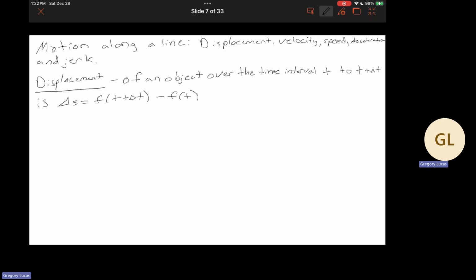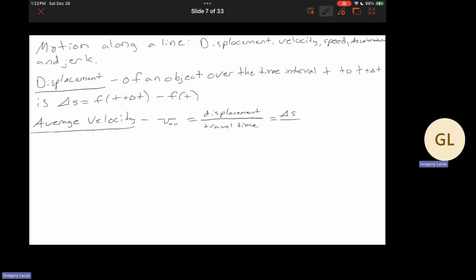Okay. Our next one is going to be average velocity. So average velocity, I'm going to write it as v, and then a little subscript of av to say average, is displacement divided by travel time. So we write this as the change in s.